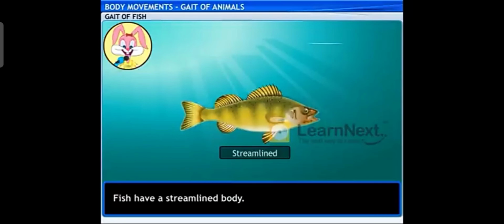This is known as a streamlined body. What is the name? Streamlined body. That is the special type of shape in which the tail portion and mouth portion are smaller compared to the middle region. You can see the shape of a fish.